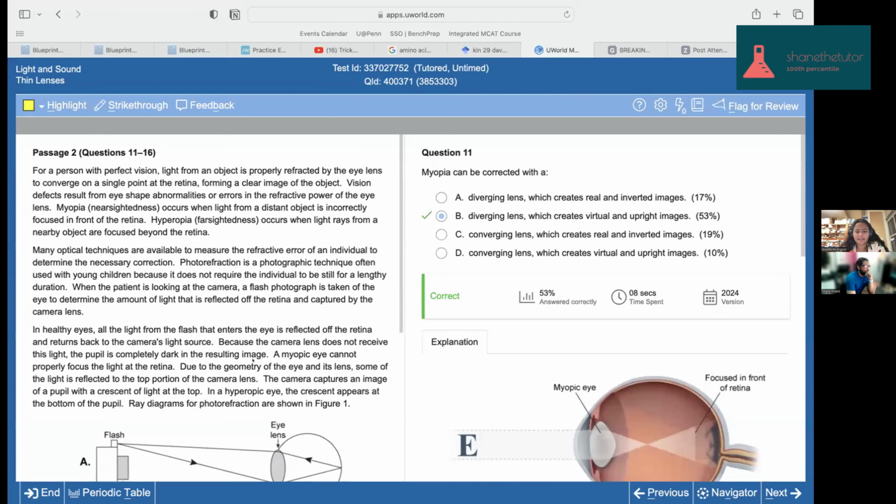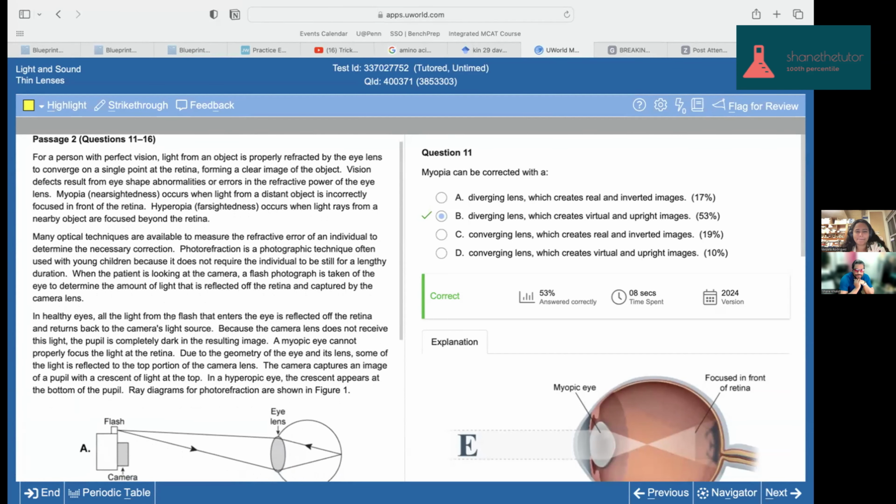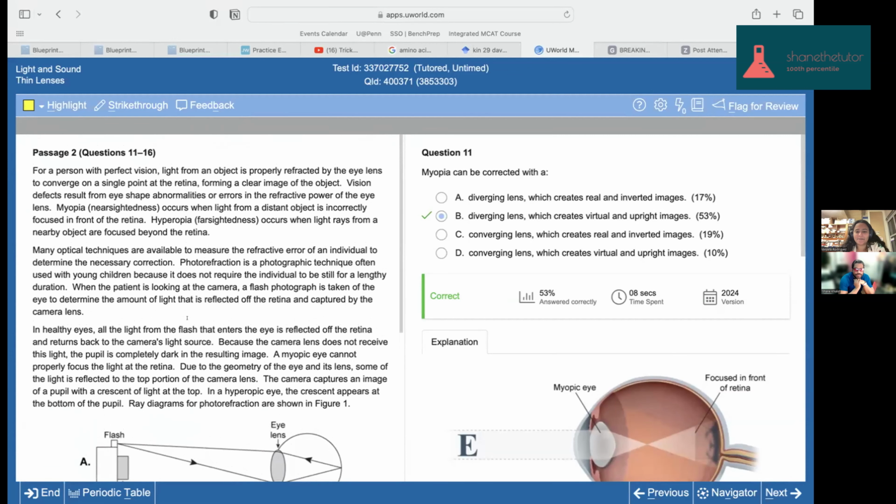Can you see my screen? This is exactly what we talked about with myopia and stuff. So we don't even need this passage for this question, right? Because we know from what I showed you which choices we would get rid of.